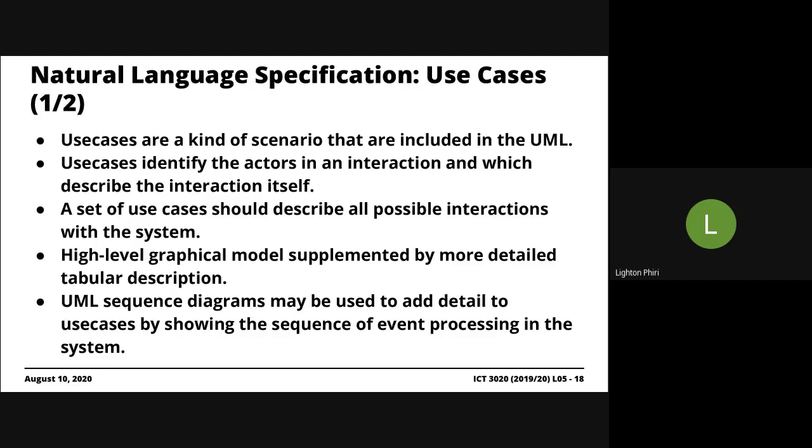So it's not uncommon, if you're trying to explain a system feature, to incorporate use case descriptions, use case diagrams, and sequence diagrams. A sequence diagram is just a type of interaction diagram in UML.